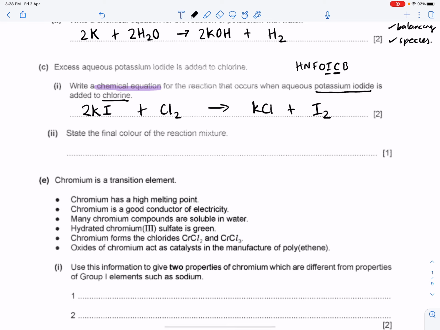We need to balance our iodines over here, and then we need to balance our potassiums and chlorines over there. So 2 marks. Again, 1 for the species, 1 for the balancing. State the final colour of the reaction mixture. The final colour has to be the colour of one of these. We know that this is colourless, so this one will be the colour that we actually see, which will be a red-brown colour.